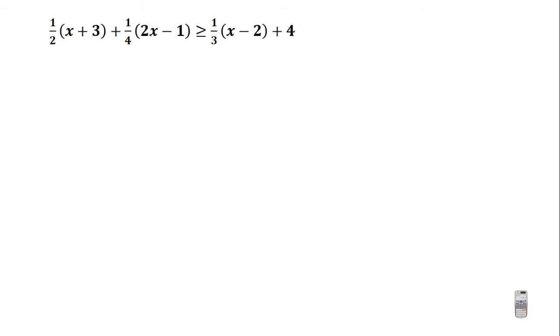There's no sign here, which means that they are multiplying, so this is one term. There's an addition sign here, so the next one constitutes another term. Then 1 over 3 and what is in the bracket is also another term, and 4 is also another term.